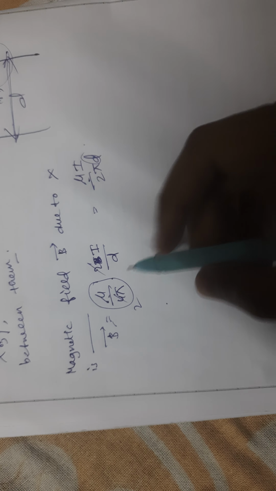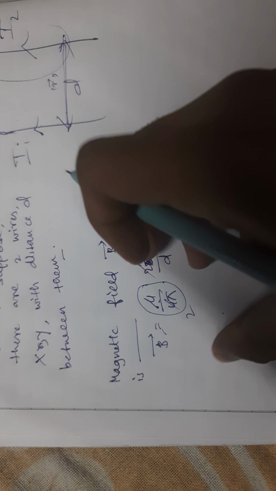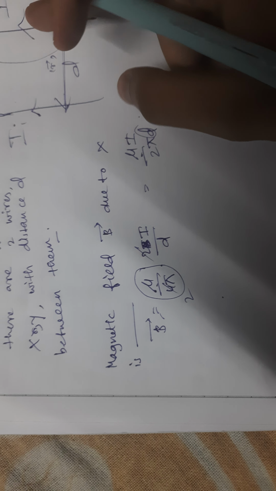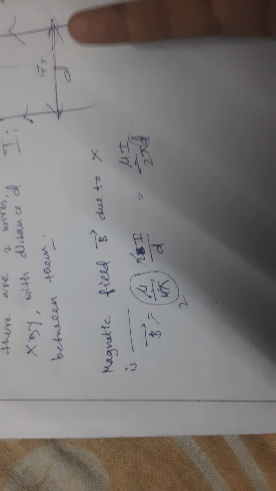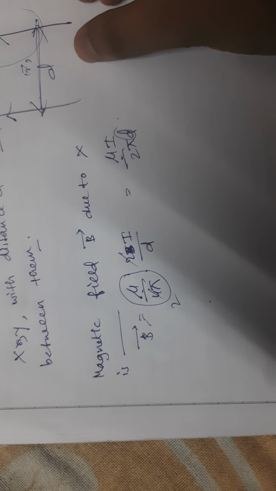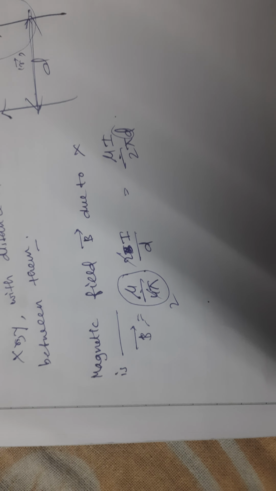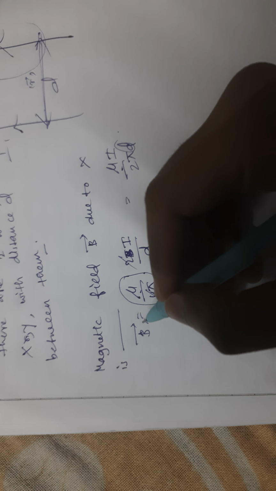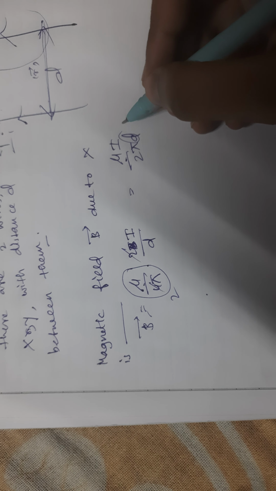Okay, perfect. Now this magnetic field B affects the Y wire, right? This is obvious, this is affecting the Y wire because there is also current flowing, right? So now we will find that out. And also this is a vector, so we will have to give a direction.